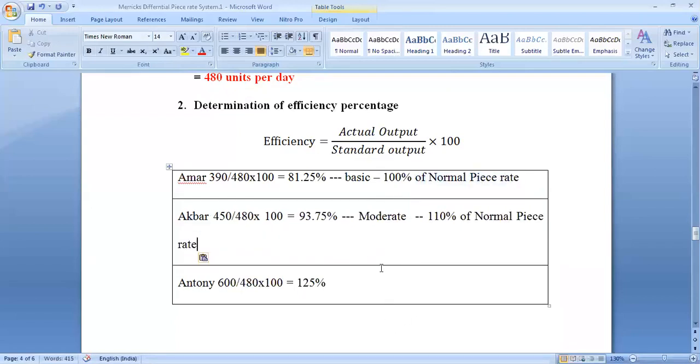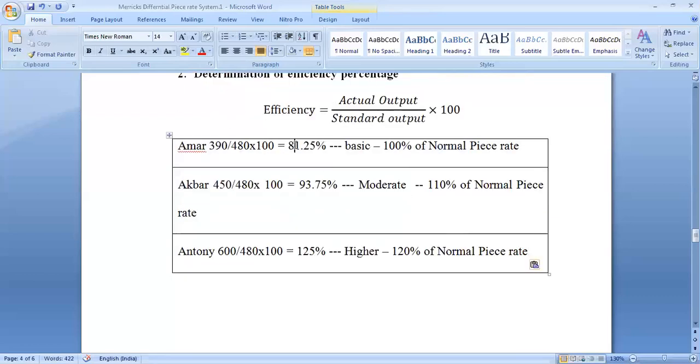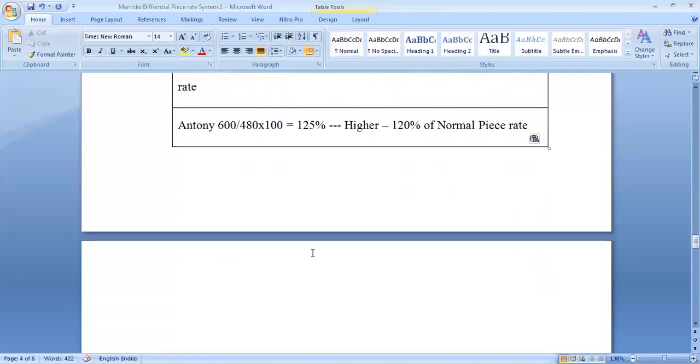The next person is a higher performer, so he falls under the higher piece rate, that is 120% of normal piece rate. These are the slabs we have found out. So we have identified a basic person, a moderate person, and a higher rate person.